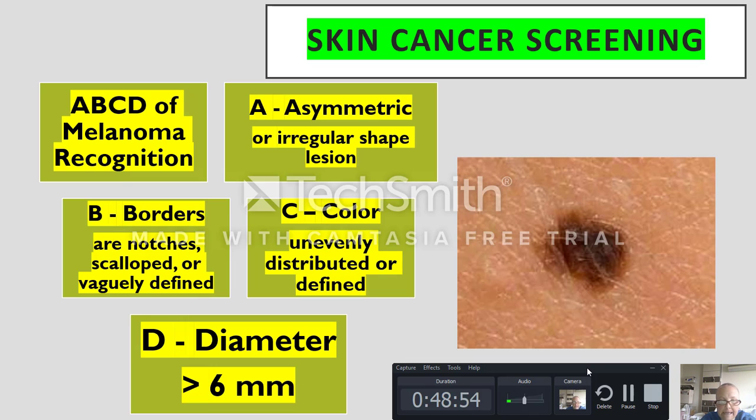B, borders: notches, scalloped, or vaguely defined. Yep. That sore right there meets that criteria. C, color: unevenly distributed or defined. That's different colors in different areas. And D, diameter is less than 6 millimeters.